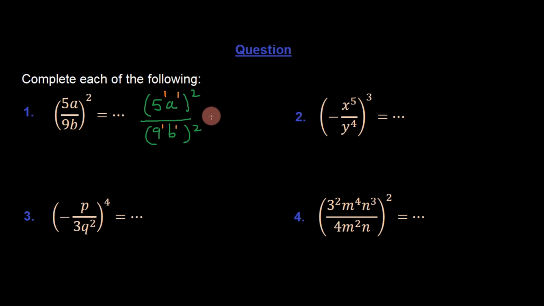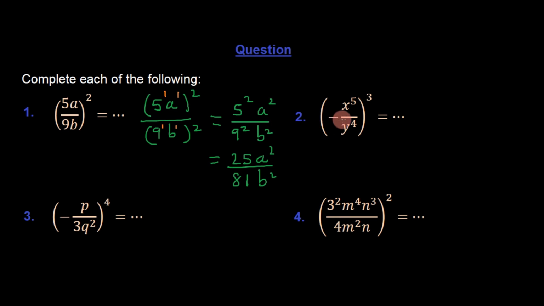So we now apply law 3 and apply the power outside the brackets to everything inside the brackets. So it's 5 to the 1 times 2, 5 squared. a to the 1 times 2, a squared. 9 to the 1 times 2 is 9 squared. And then we have b squared. And this simplifies to 25a squared all over 81b squared.